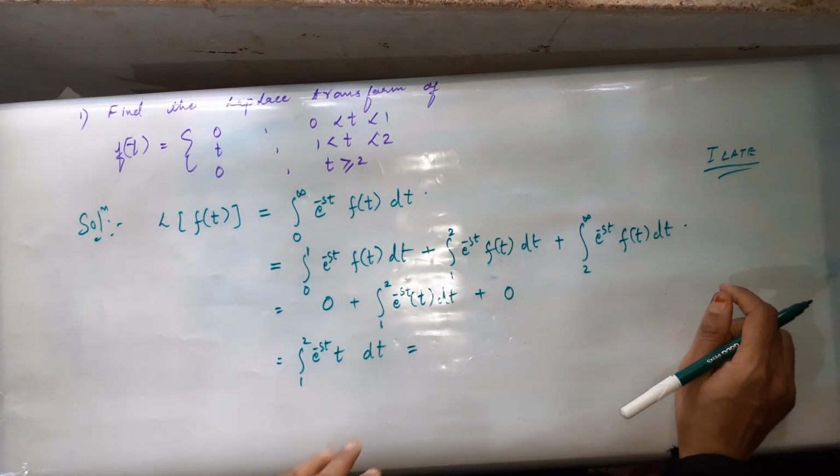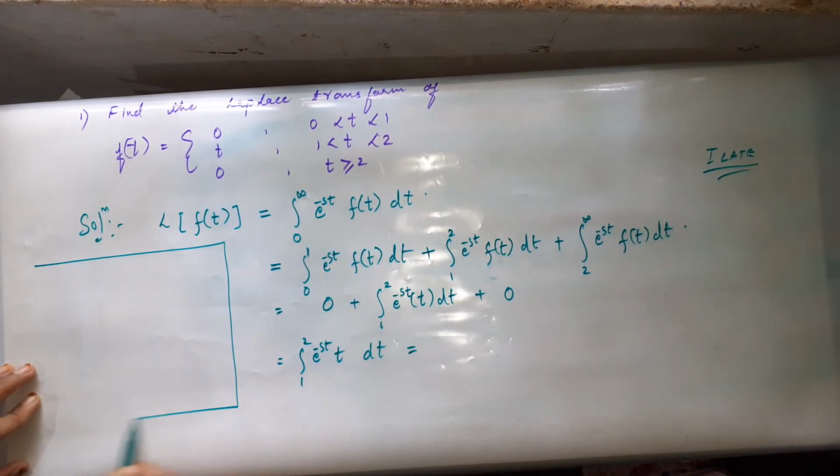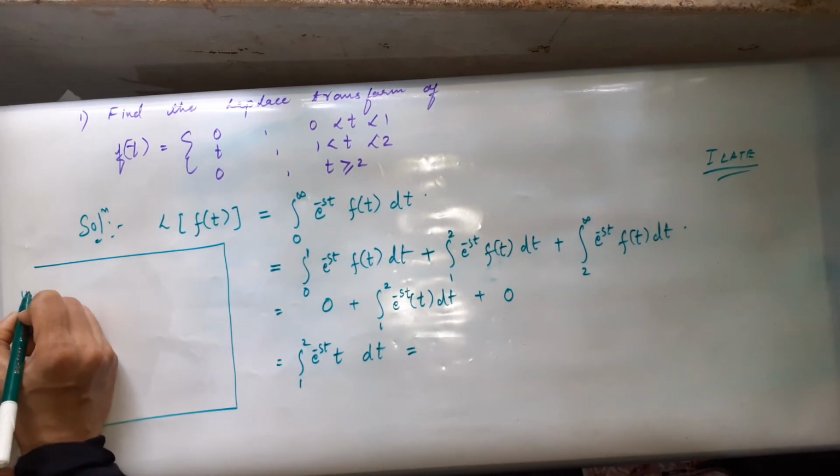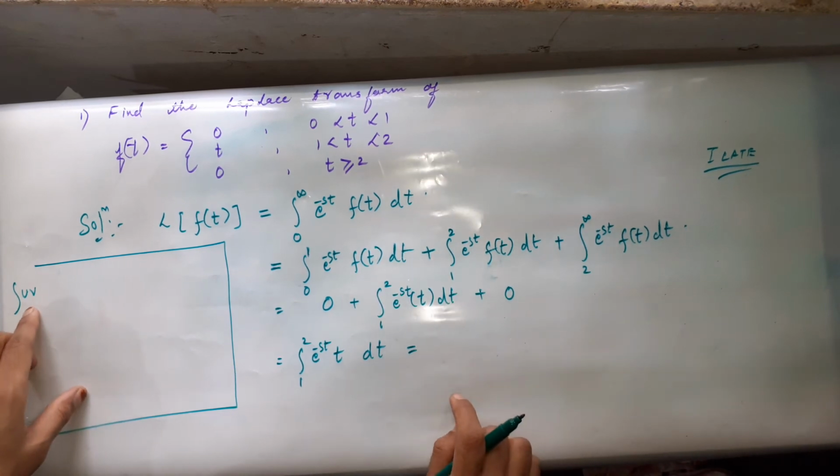In Bernoulli's rule, suppose you have two functions u and v, both functions of x, and you are integrating with respect to x.